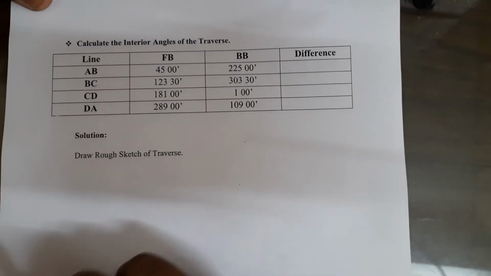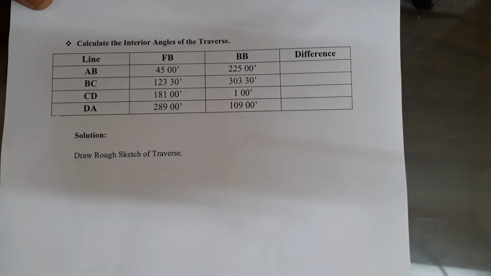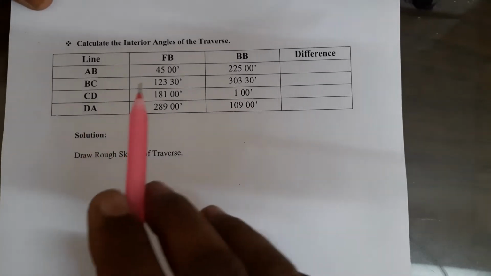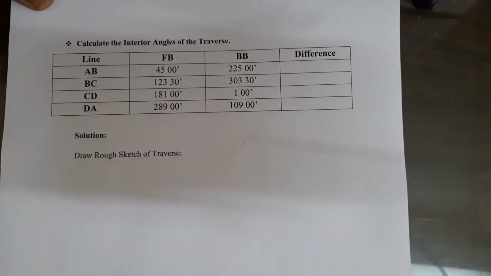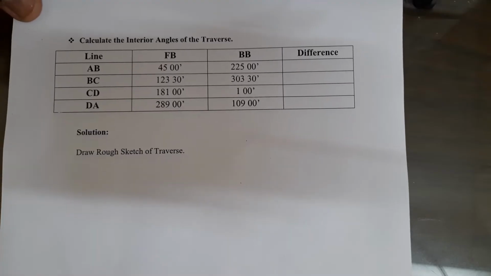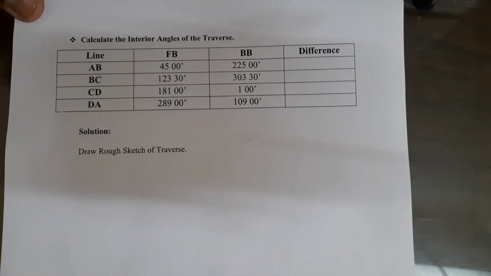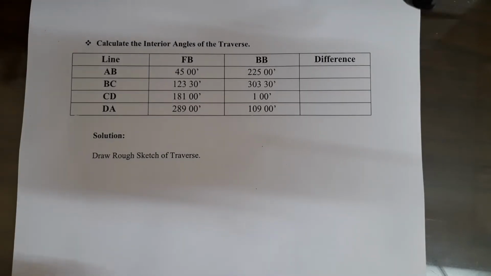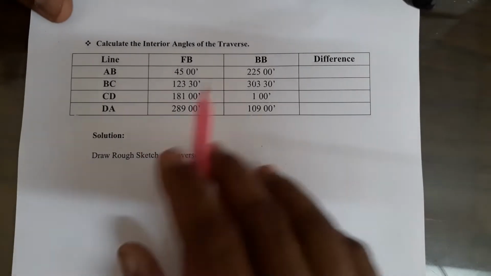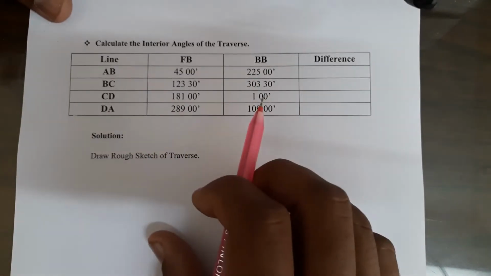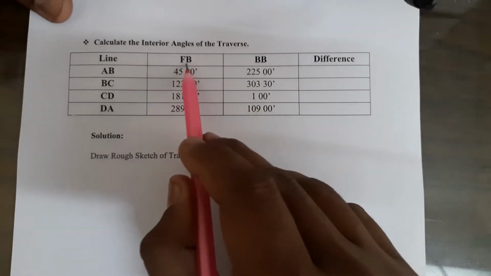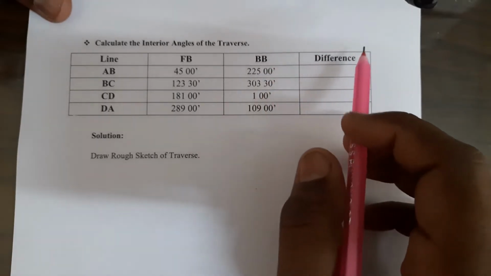Now after performing the compass survey, we will get the forebearing and back bearing of the various lines. Now you know that the difference between forebearing and back bearing is exactly 180 degree. So to find out whether this value is correct or not, find the difference between forebearing and back bearing, it should be 180 degree.